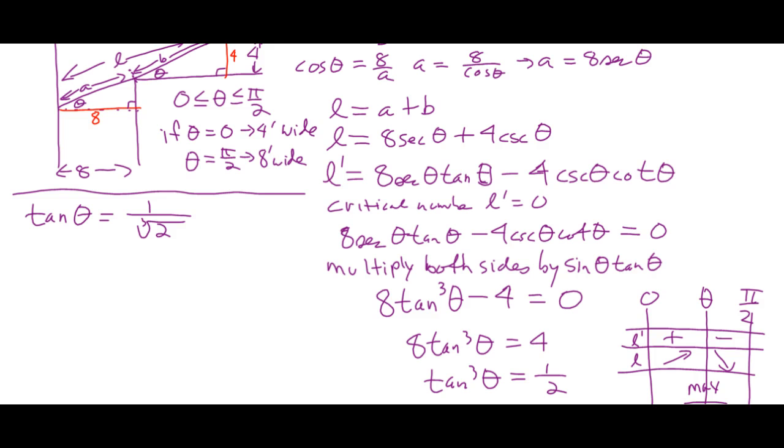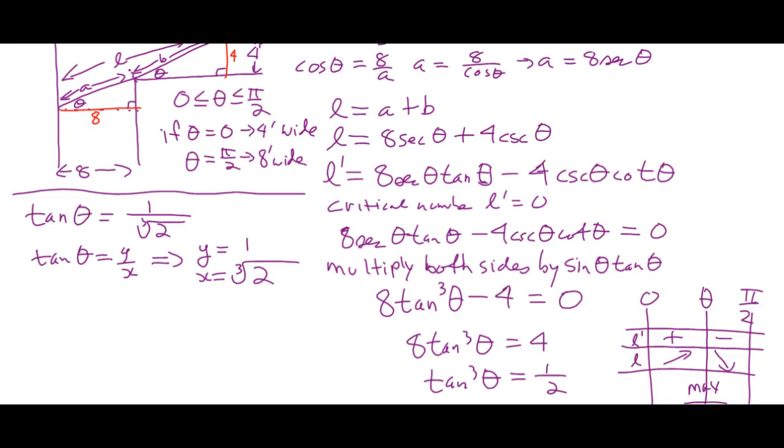Just think of an x, y, r triangle, back to first principles: sine theta is y over r, cos theta is x over r, and so on. So tan theta is y over x. That means y is equal to 1 and x is equal to the cube root of 2. Then we can use that to get r.